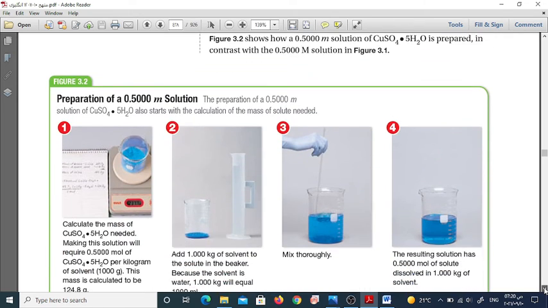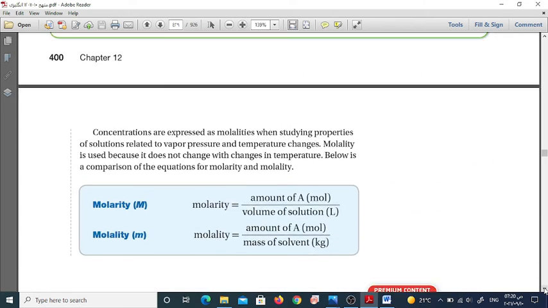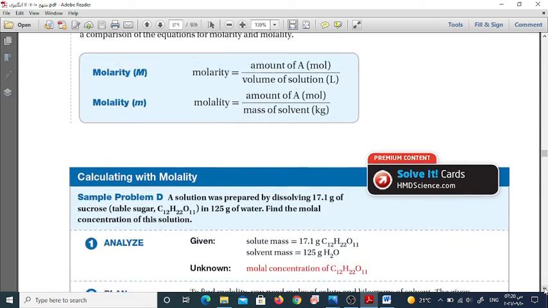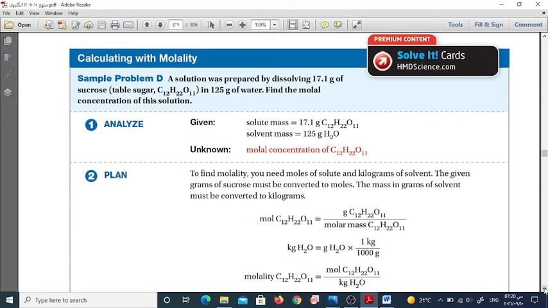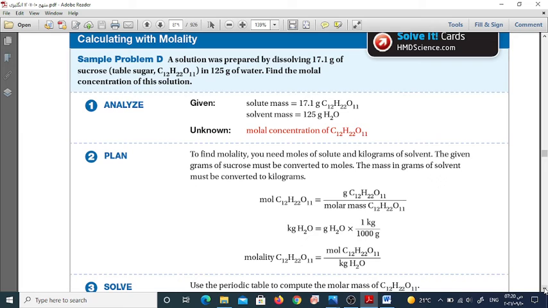Let's look at some examples. A solution was prepared by dissolving 17.1 gram of sucrose, table sugar, in 125 gram of water. Find the molal concentration of this solution.